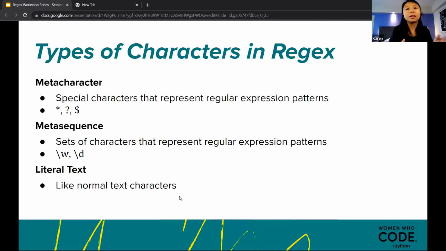We will spend a couple of sessions to understand what each metacharacter and metasequence is. I haven't even mentioned the methods. There are a lot of things that I didn't mention in this introduction slide, like grouping, back referencing, these terms. I don't want to throw in too much at first. So we start with something simple. We understand what each character means, how they use it, and how they use it in different situations.